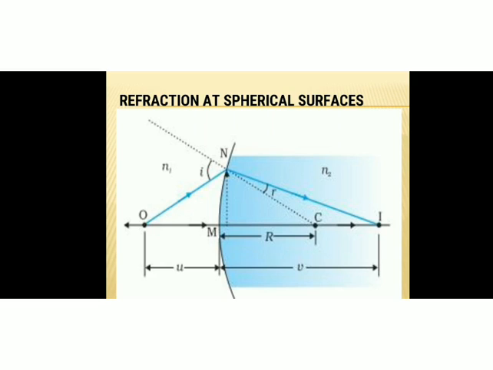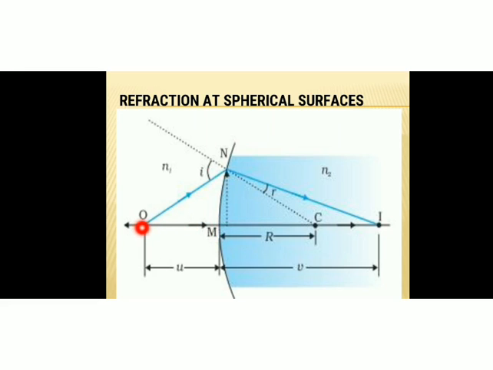The first assumption is that the aperture of the surface is very small. Here this is the aperture, NM is the aperture, and it is assumed to be very small, so that we can consider this MN as a straight line instead of a curved surface.